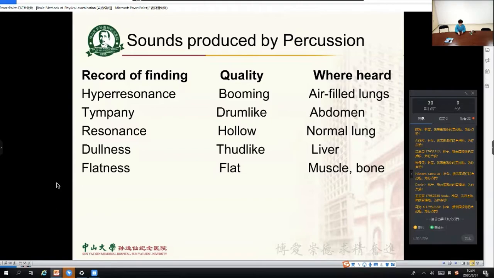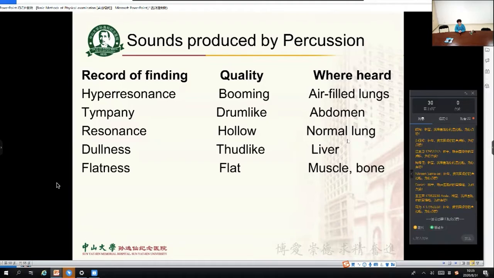And in the normal lung, we perform indirect percussion or direct percussion, we can pick up resonance. It's a hollow-like note. And when we perform indirect percussion on the liver, we will pick up dullness, and it's a thud-like note.